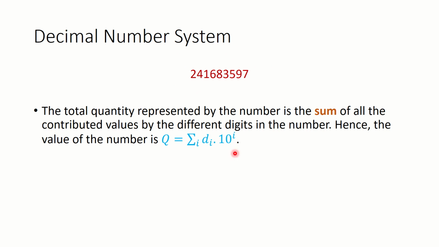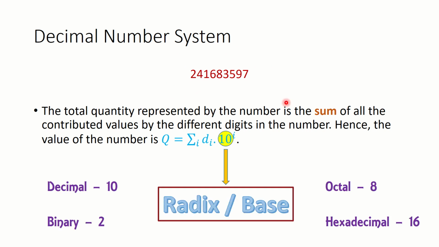So, this is what I already talked about, but we need to look at this particular thing specifically. This 10 that we are seeing here is basically a multiplier to this digit.